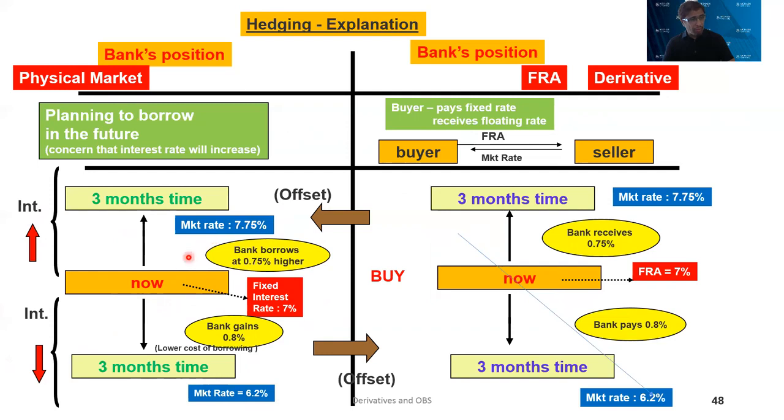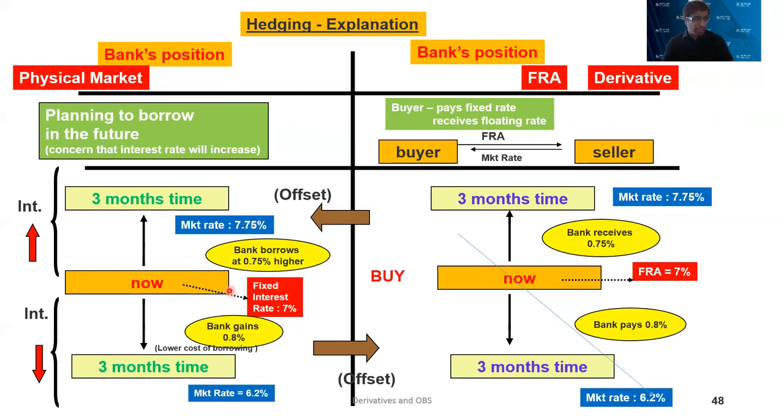Now, if it goes to 7.75%, this is a problem because you only want to pay 7%. You want to hedge the increase in the interest rate, which is this 75 basis points. Therefore, you need a counterparty to compensate you.